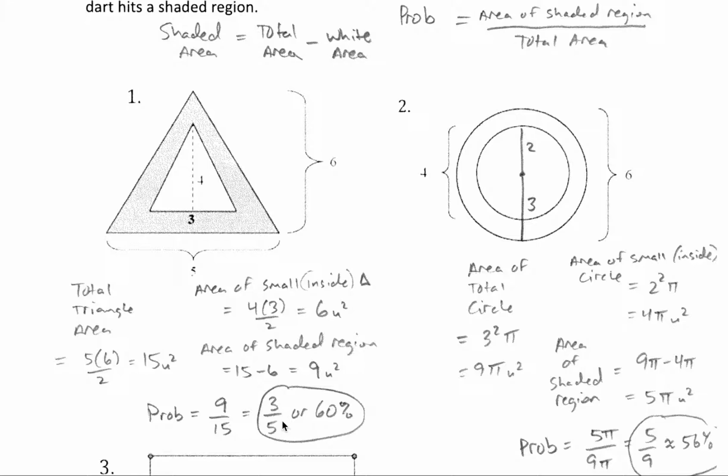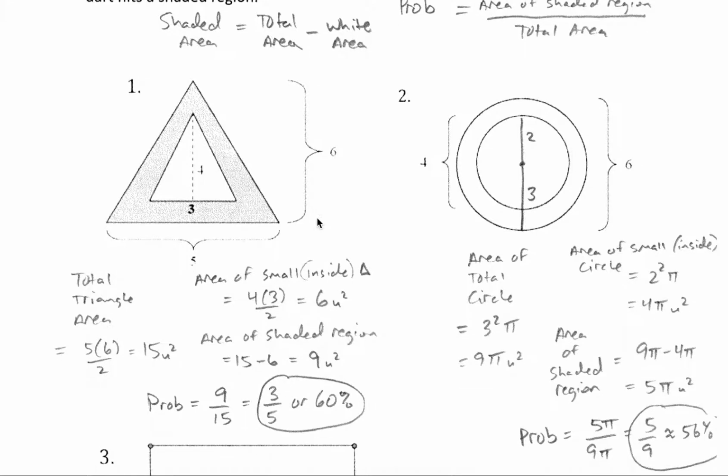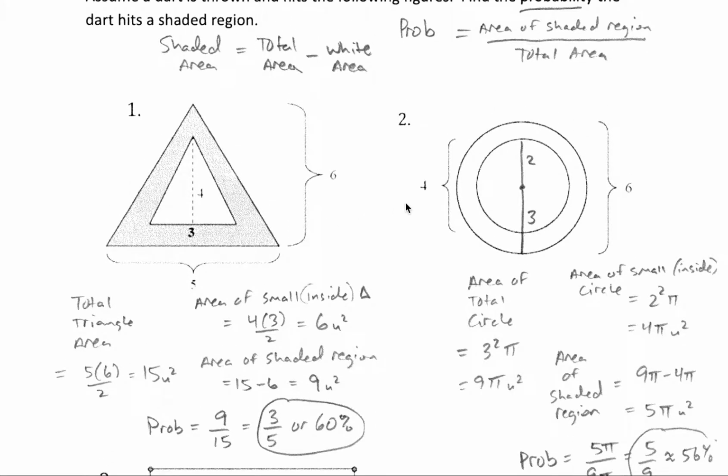Or we could also write ratios in percentages. We could just divide this and then change our decimal to a percentage, so we get about 60%. So if I throw a dart and I know that it hits my shape here, the probability that it lands in the shaded area would be about 60%. So pretty good odds as long as we hit the triangle.